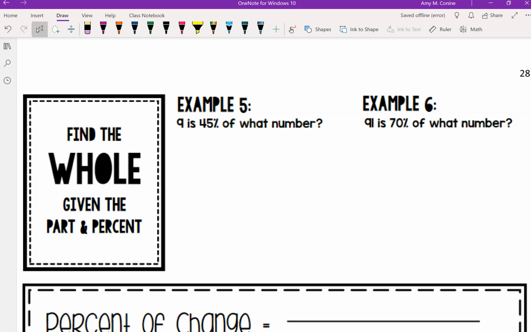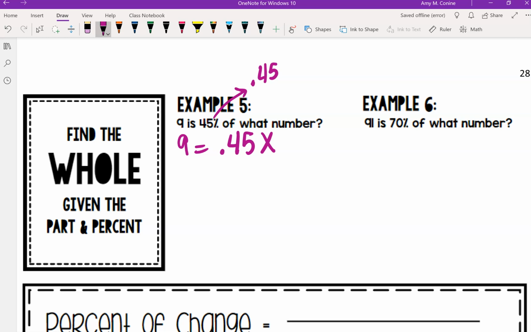So find the whole given the part and the percent. So 9 equals 45%, so 45% as a decimal is 0.45, so 0.45 of what number? Of some number multiplying, and then you have an unknown. So I find it easier to create equations to get what I need versus setting up a proportion.